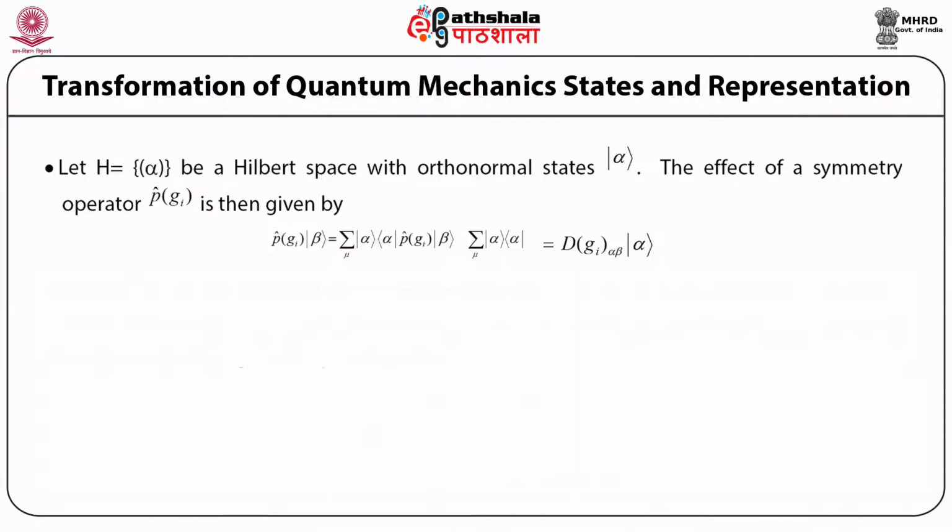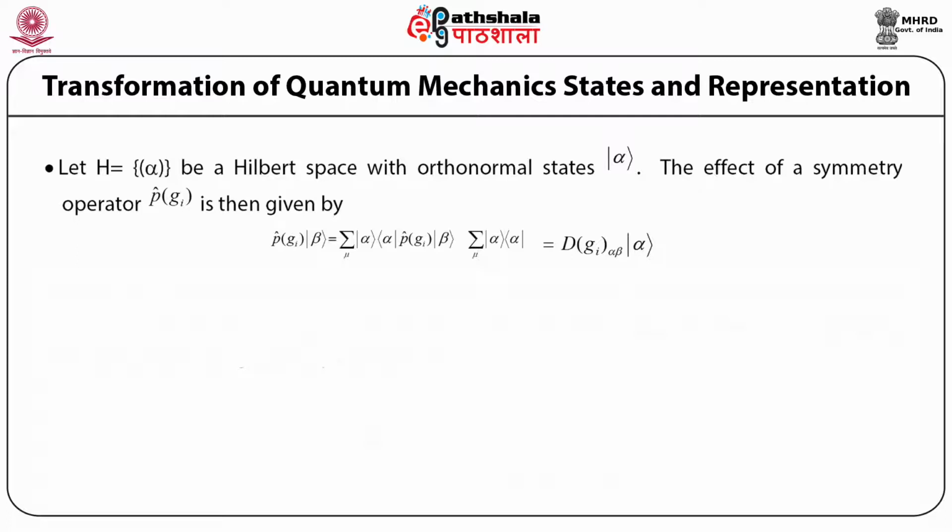Let H, consisting of the states alpha, be a Hilbert space with orthonormal states alpha. What is the effect of the symmetry operator P hat g_i on this?